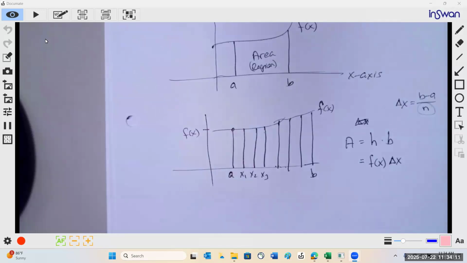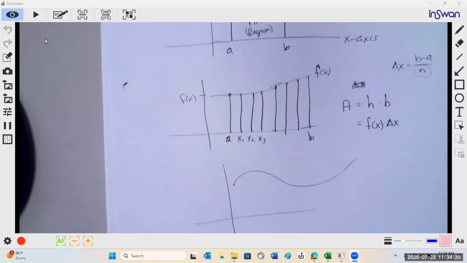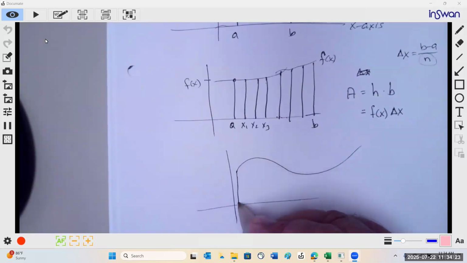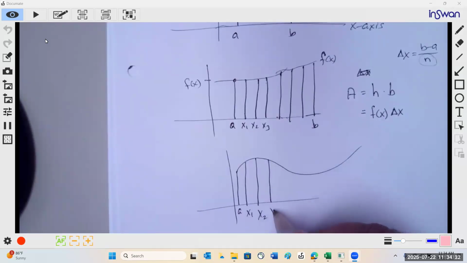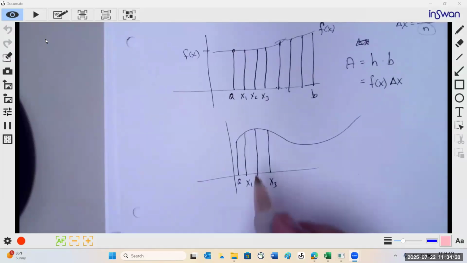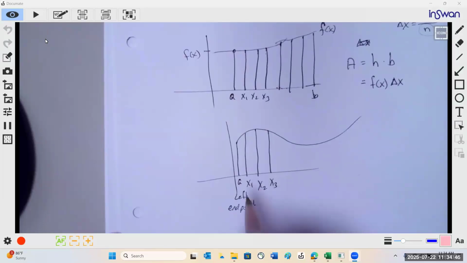Now, another thing: if the curve is not uniform, in other words, if it's increasing or decreasing, we have two things we can calculate. If we go with the left endpoint, in this example, then we get a smaller area that's not the true area under the curve.